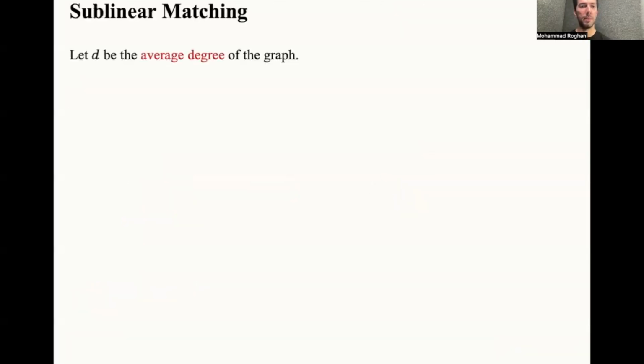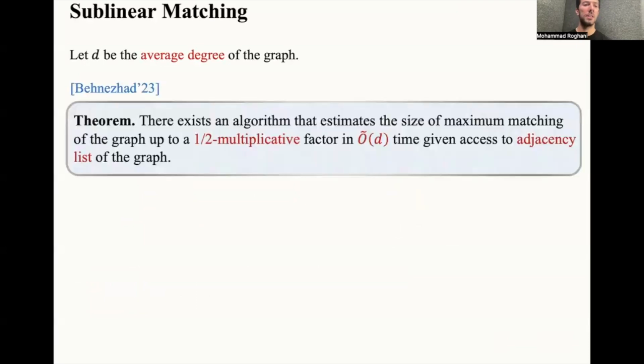For sublinear matching, suppose that D is the average degree of the graph. There exists a result by Behnezhad that proved there is an algorithm that estimates the size of the maximum matching of the graph up to a half multiplicative factor in time of order the average degree, given access to the adjacency list of the graph.